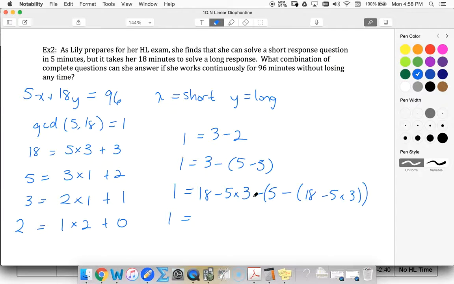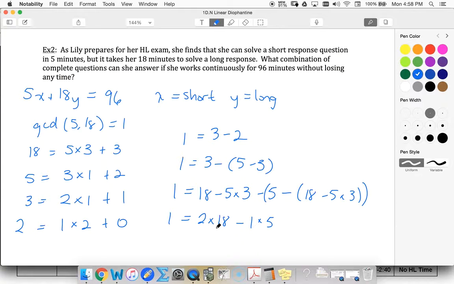And now I can collect my like terms. So let's look at what we've got here. 18 plus 18 is 2 times 18. And then minus 5 times 3, here's another minus 5. So that's minus 4 times 5 plus 3 times 5 is minus 1 times 5.